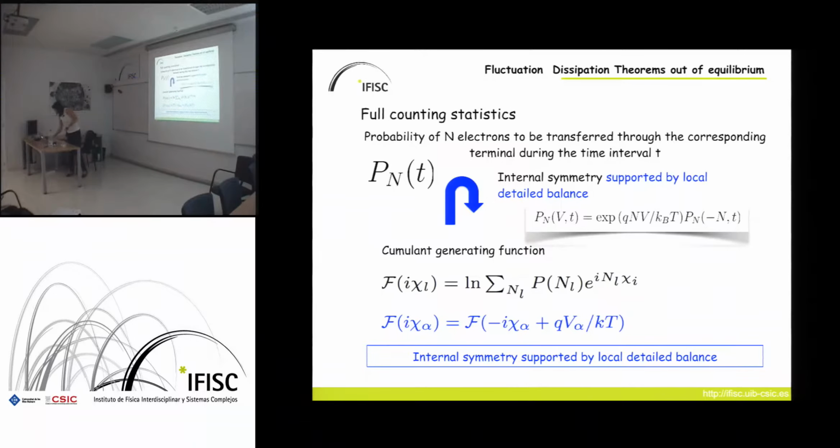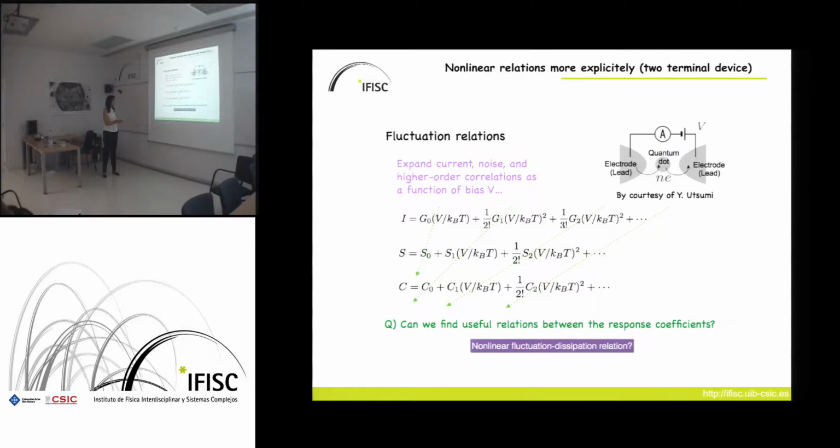So then our work in the double quantum dot system was to prove that even in the absence of local equilibrium, we are able to get some relations between, for instance, the noise susceptibility and the first nonlinear conductance, and the cumulant at equilibrium, etc. So you can always write down a kind of non-equilibrium version of the Green-Kubo formula.